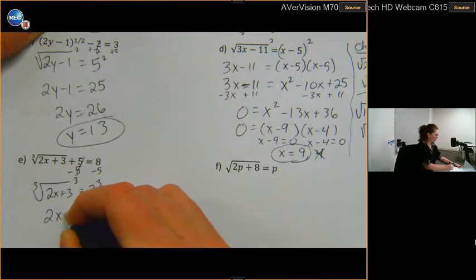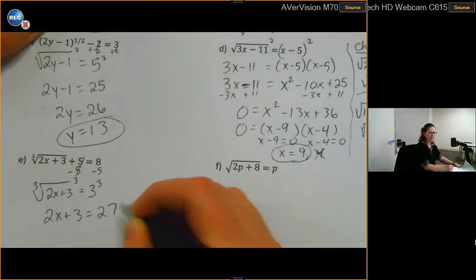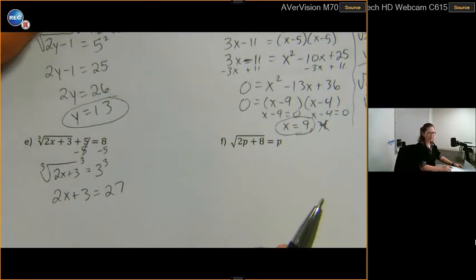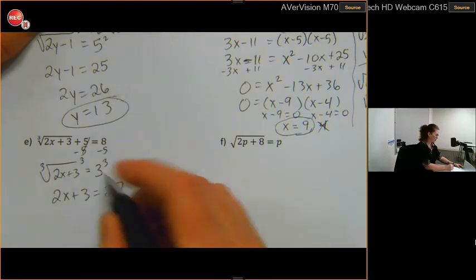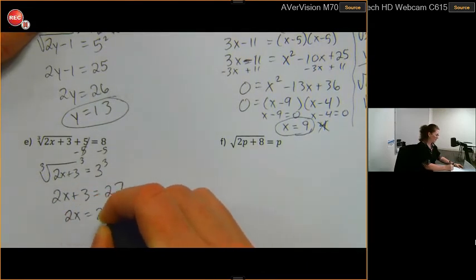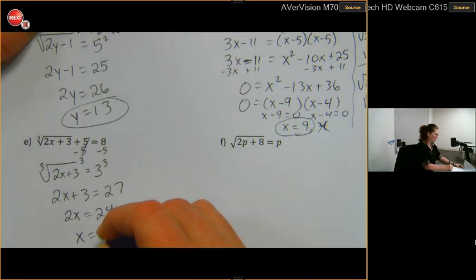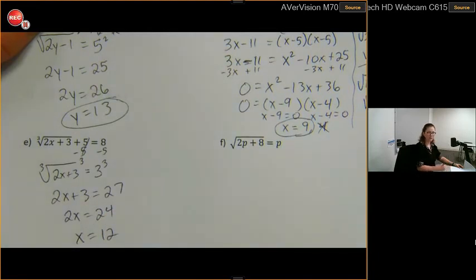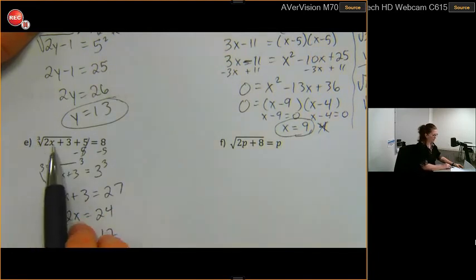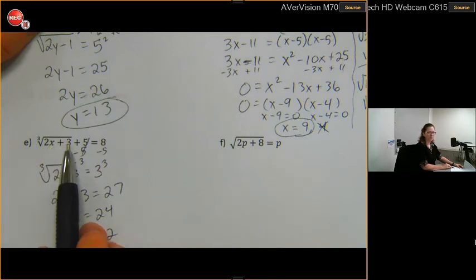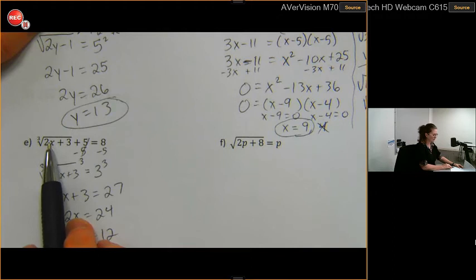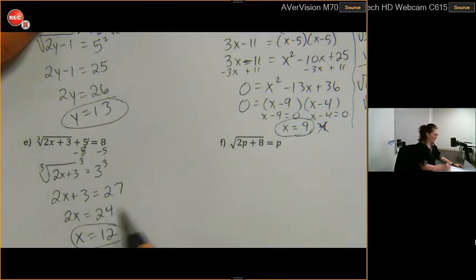So now I have 2x plus 3 equals 27. Solve that equation, subtract 3, divide by 2, and we get 12. Do a quick check of 12. 12 times 2 is 24, plus 3 is 27. Cube root of 27 is 3, add 5 and get 8. So that one's fine.